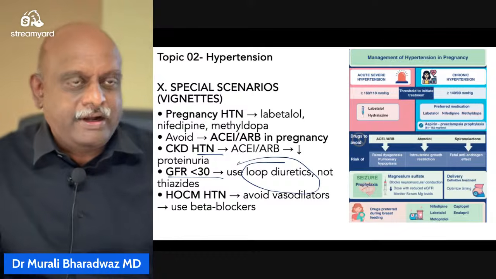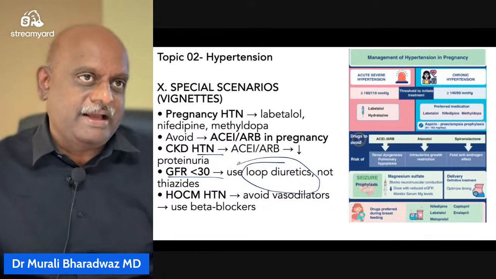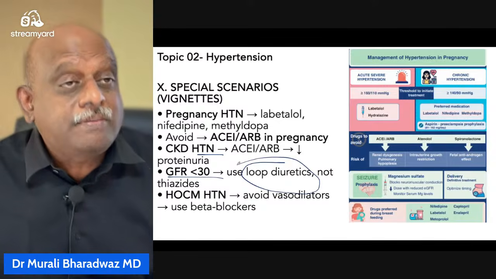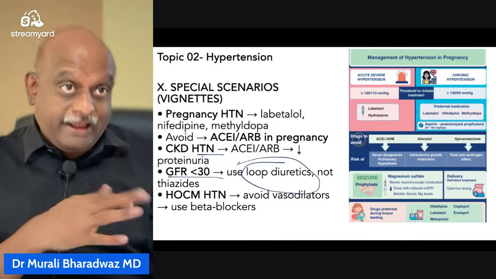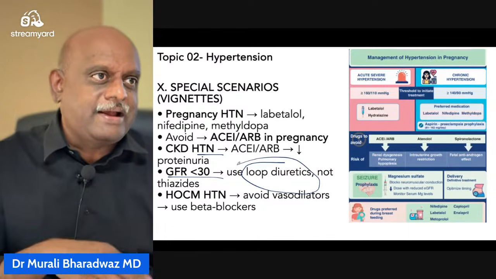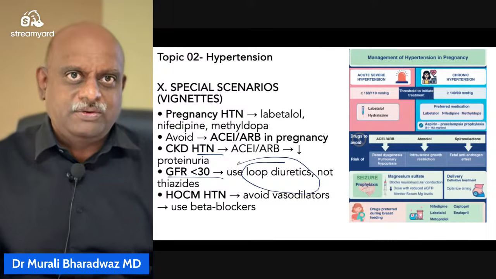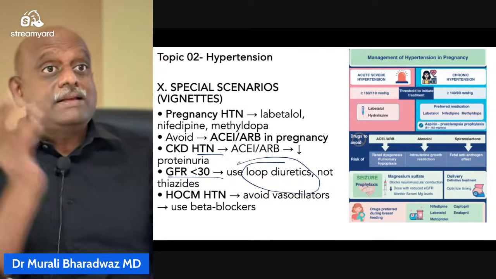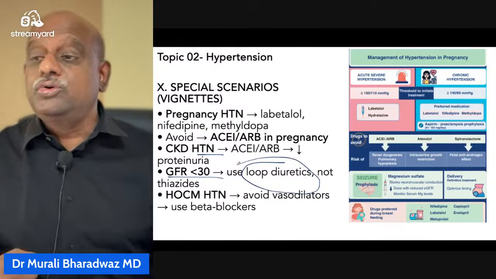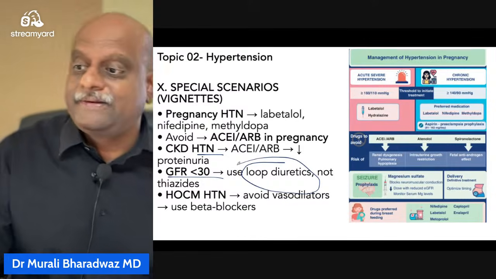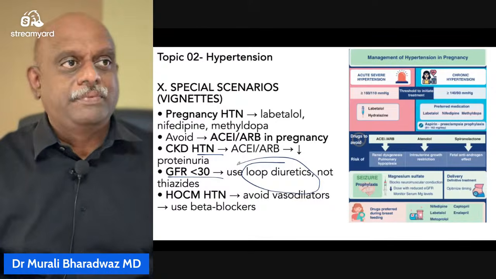Ditor is a common tablet we use as a diuretic. That contains torsemide. Torsemide is a loop diuretic like furosemide, the elder brother of furosemide. We use 5 mg, 10 mg. So whenever GFR is less than 30, you have to use loop diuretics, but not the thiazides. It is a very important rule.